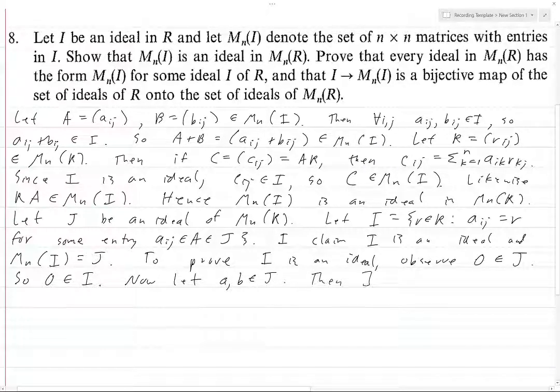Then there exists an A in J. No, a and b are in I. So then there's an A in J and indices k and l such that the kl entry of A is equal to just a.